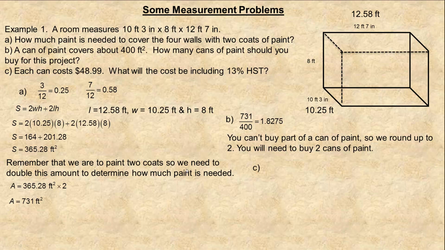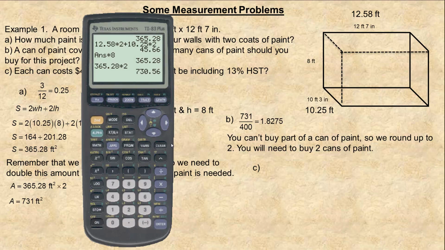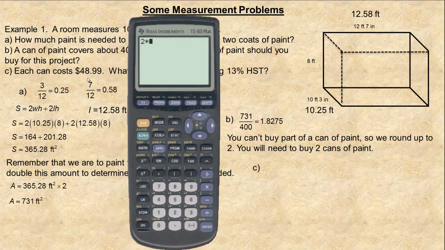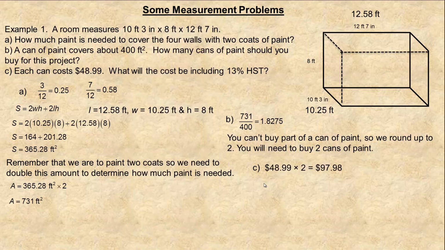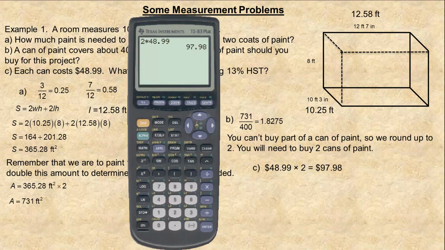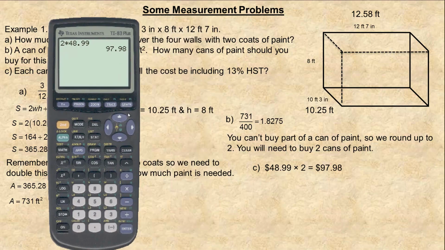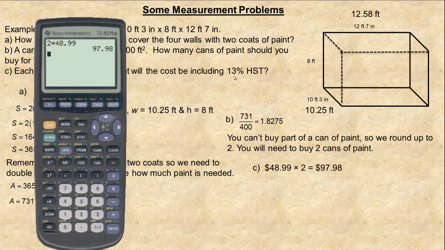So for C here, what we'll do is we're going to take that 2 cans of paint and multiply it by, see, each can is $48.99. So that's the cost of the paint before tax, $97.98. Now we're going to add in the tax. So we're going to find 13% of that.